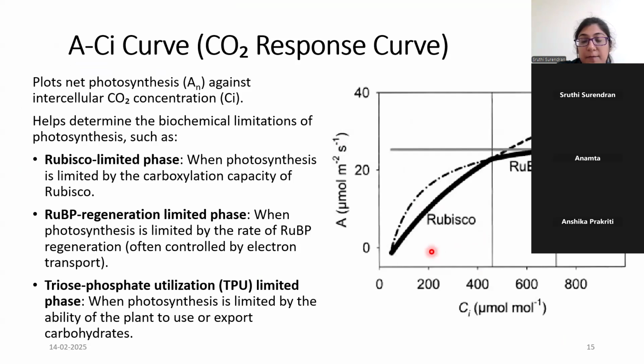That is, three phases of the curve are giving us information on the rate of carboxylation, the rate of RuBP regeneration, and the rate at which triose phosphate is being utilized.